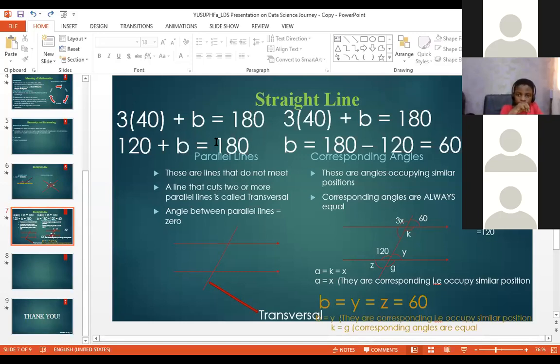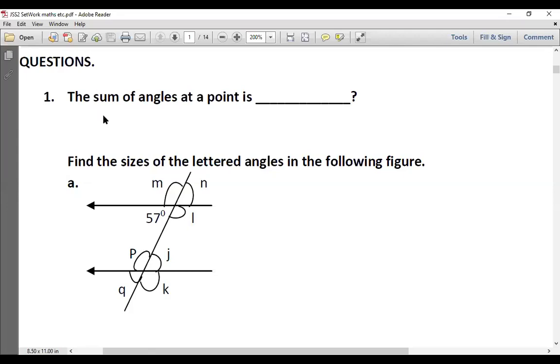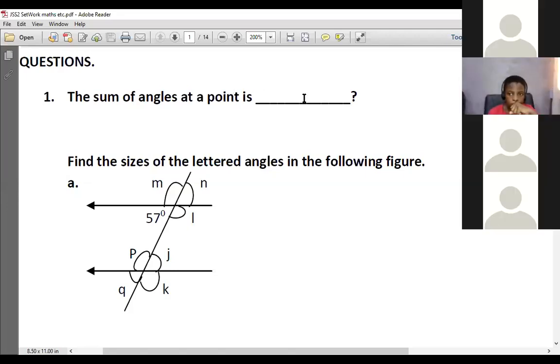Now, what this simply means is that the answer to question number one, which says the sum of angles at a point is dash, is 360. Okay, sum of angles at a point is 360. Do you get?